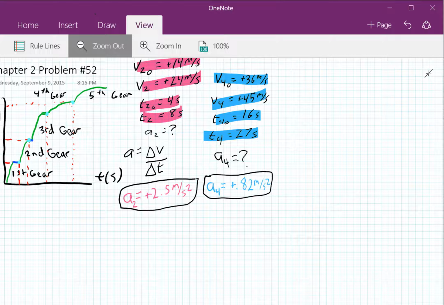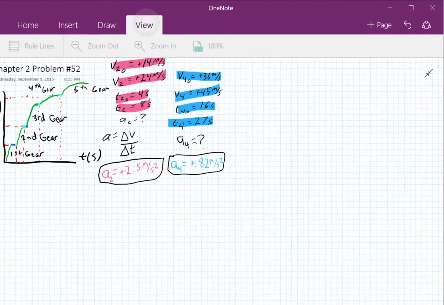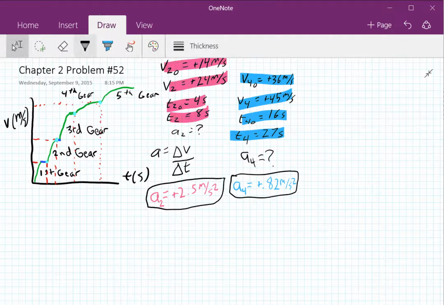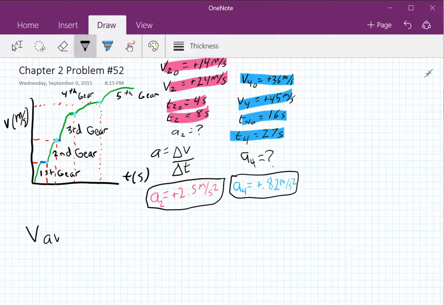You just need to be able to realize that you can figure out the average velocity, V average, for fourth gear by taking the final velocity, so V4, that's the final velocity for fourth gear, plus the initial velocity for fourth gear, all divided by 2.